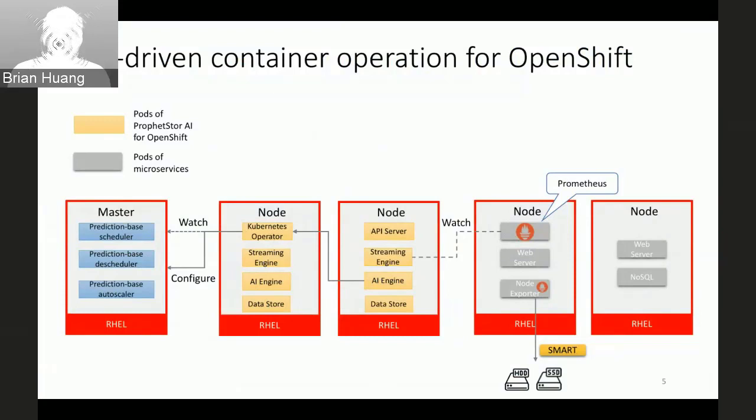But I think the most prominent difference of our container operation is that it is based on prediction information, not just the current metrics. This is very important because we know that container operation is very dynamic.